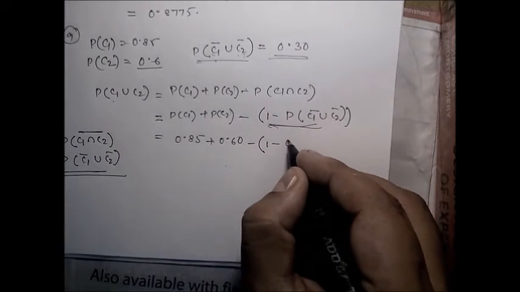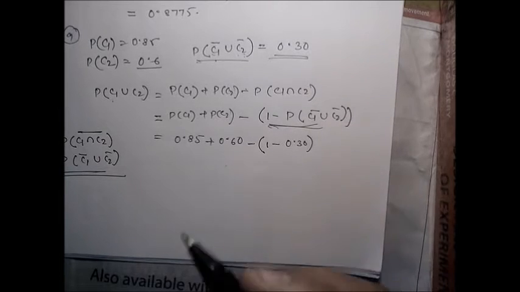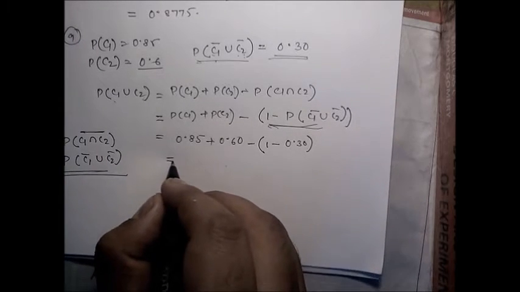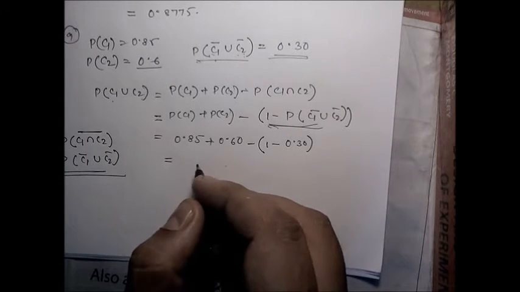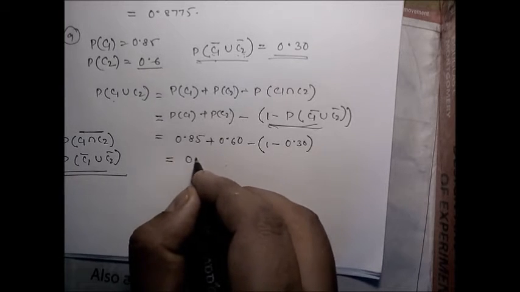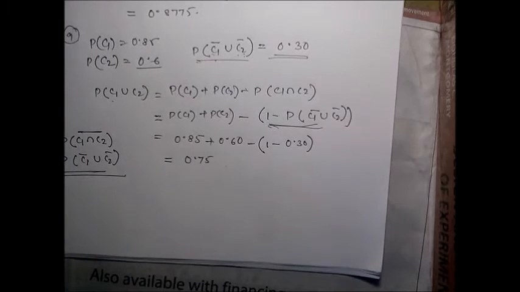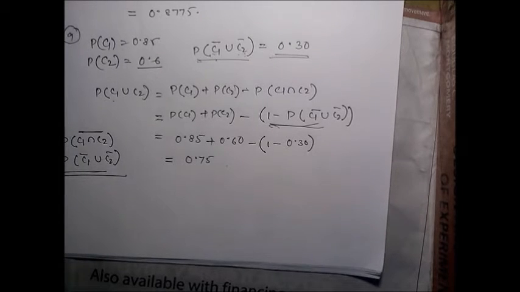Yeah. So 1 minus 0.30. So the actual answer is 0.75. So the final answer is 0.75. Okay. Next problem.